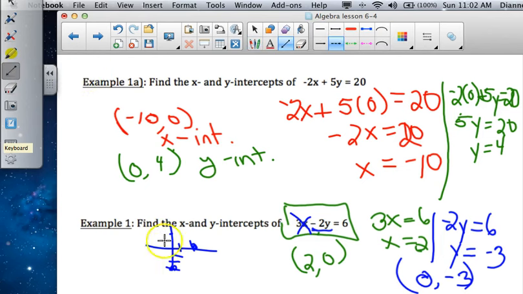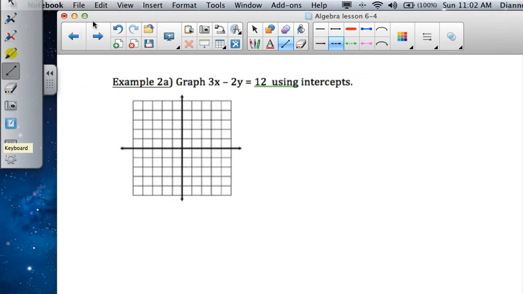And just graph that line through those 2 points. So let's graph 3x minus 2y equals 12.